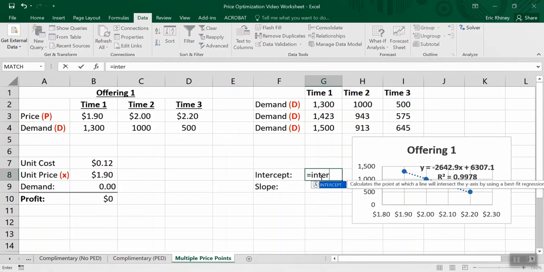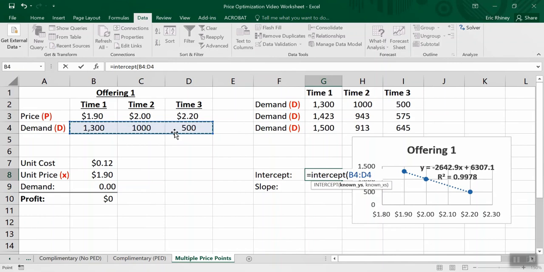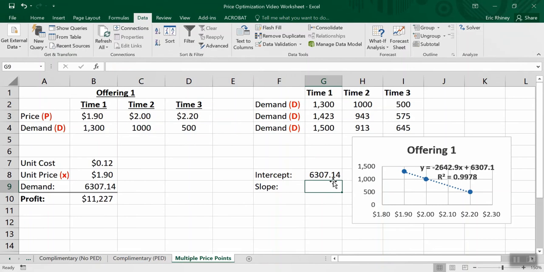So intercept, open brackets, and we know demand is our Y, so we're going to add all of these Y's in, comma, and then all of our prices for the X in close parentheses. And we see that this intercept of 6,307 is reflected in what we got over here in our scatter plot demand curve.